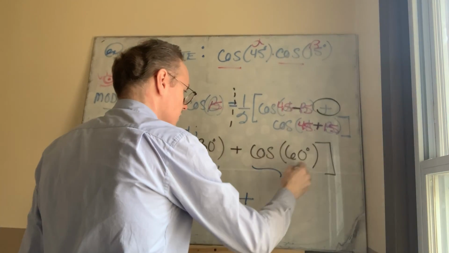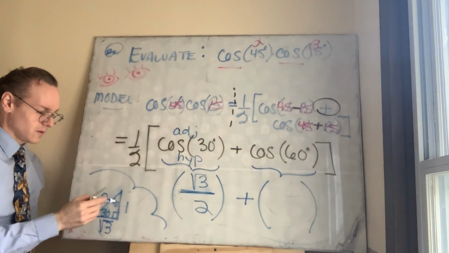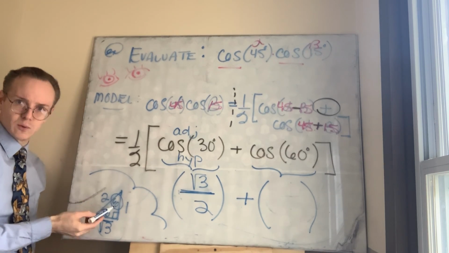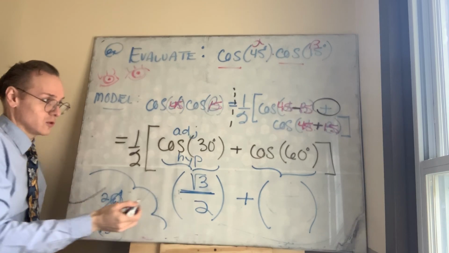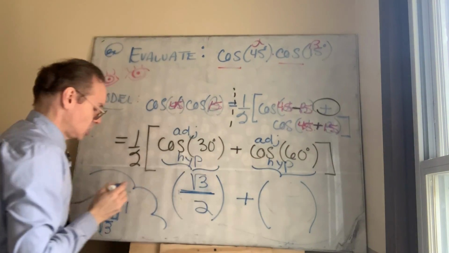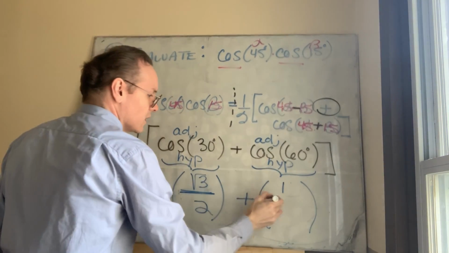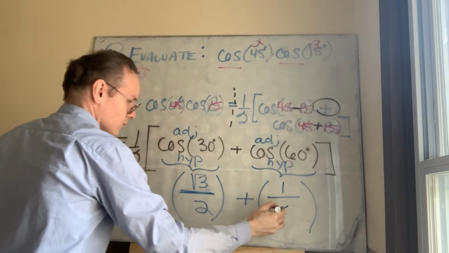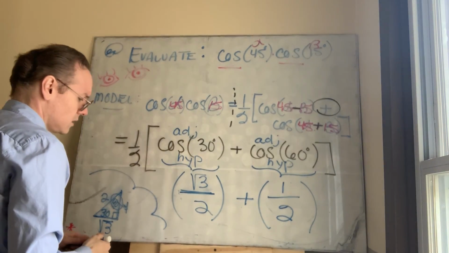And then, in respect of 60, you would need to remember that you have a 60 instead of a 30 in this case. Adjacent, because this is still a cosine, adjacent to 60 would be 1. Okay. So we're going to have 1 over the same hypotenuse of 2, which means that you don't have to worry about converting the denominators at all.